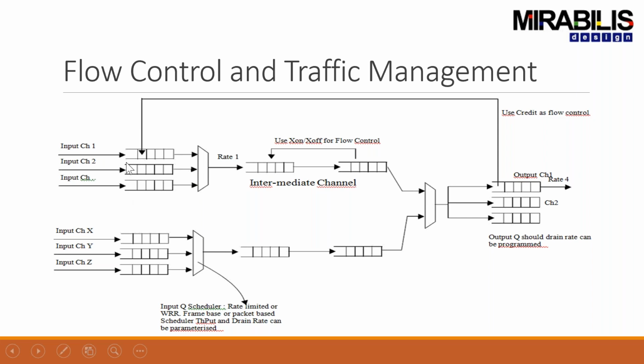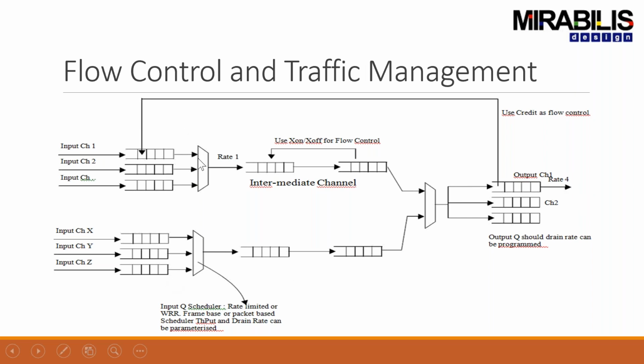And again, with VisualSim, you can define as low as 1 or 2 to like 10,000 of these, connect them through a MUX, and you have a certain intermediate flow control. But the main flow control is really credit. If any of these channels have credit on the output side, it sends it out. If it doesn't have credit, it holds back and waits for the credits to be available before it transfers.